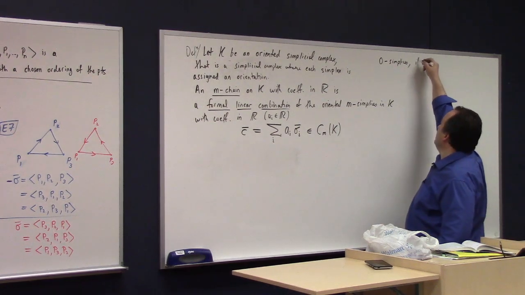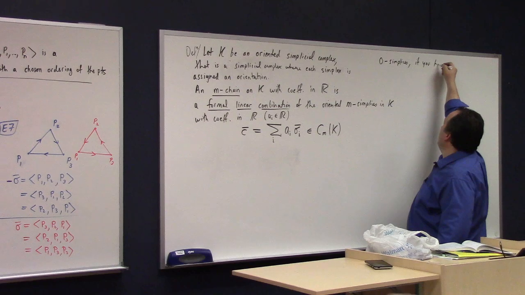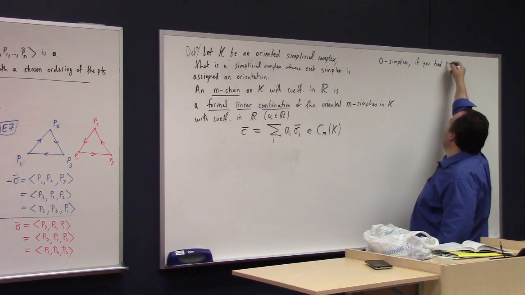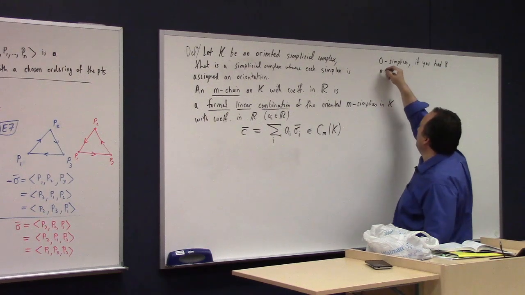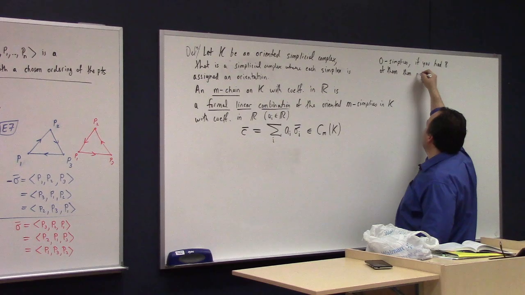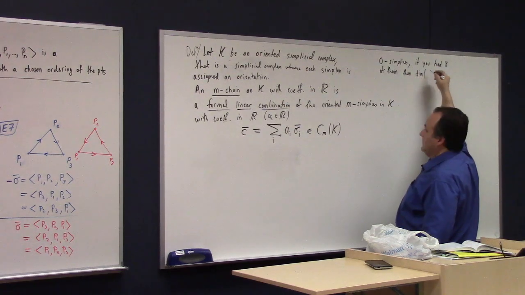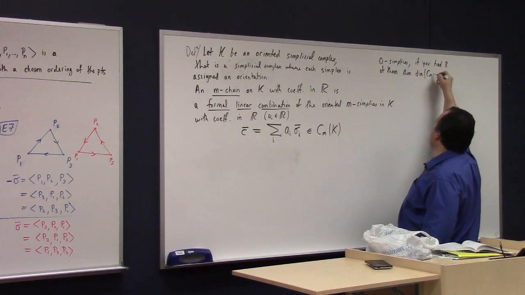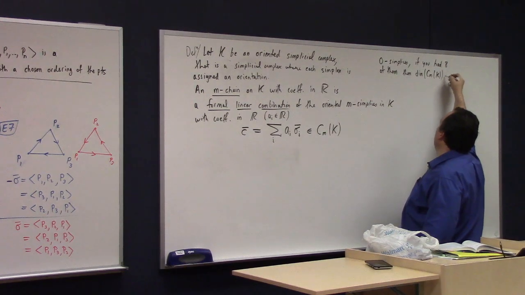Then if you had, say, 8 of them, then the dimension of C_M(K) is probably 8.